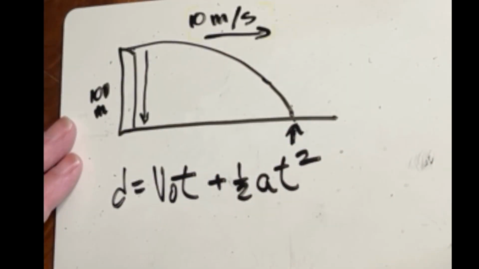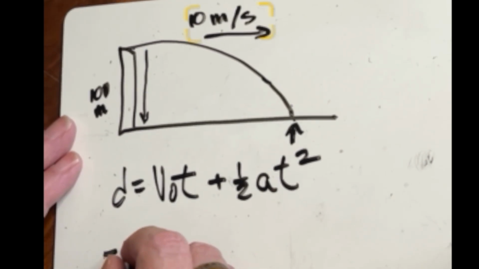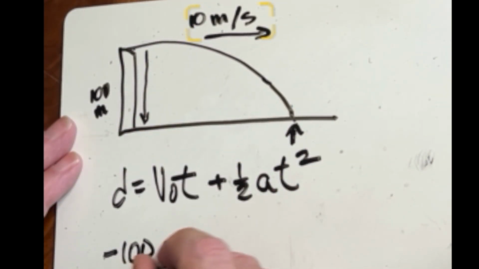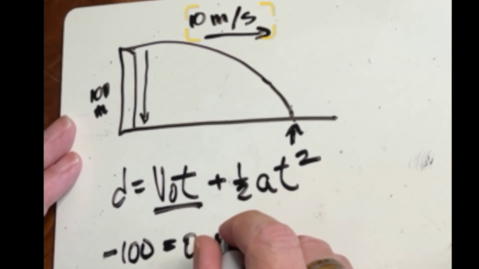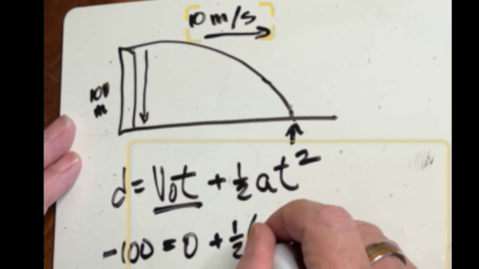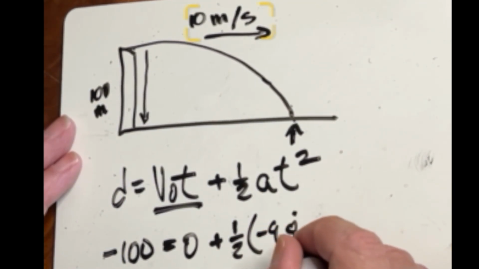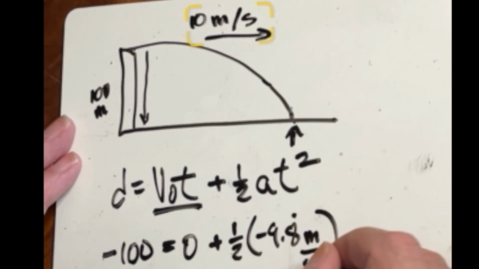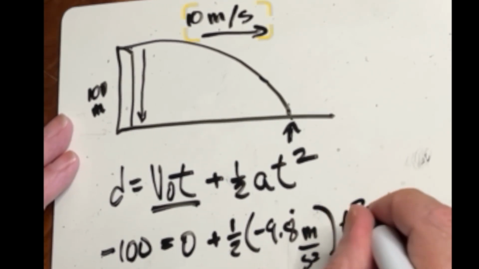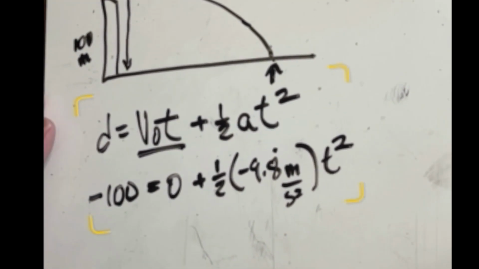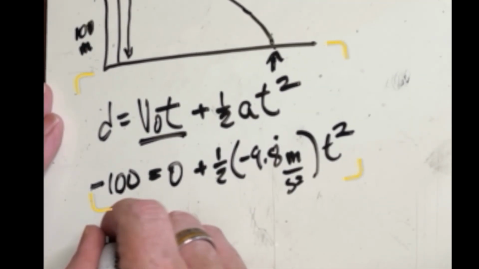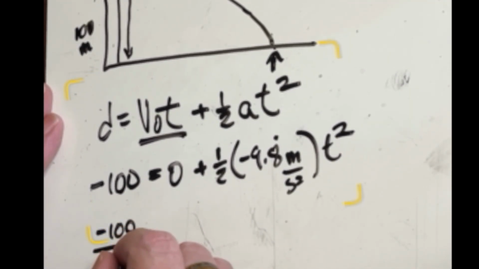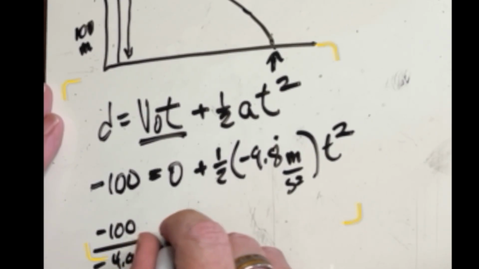So once again, negative 100 meters, which is the length of the fall, equals the initial velocity, which is 0, so 0 plus 1/2 times negative 9.8 times t squared. Now, we just solved this a few minutes ago. So this equals negative 100 divided by negative 4.9 equals t squared.